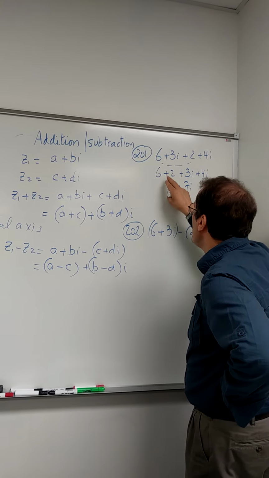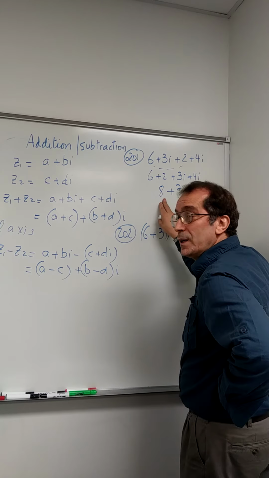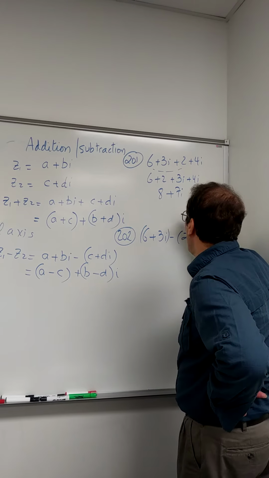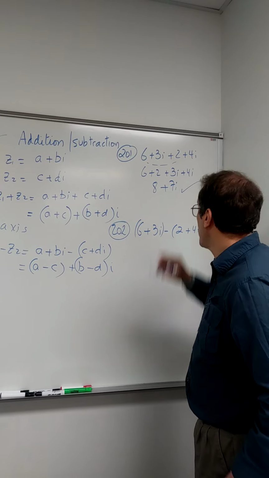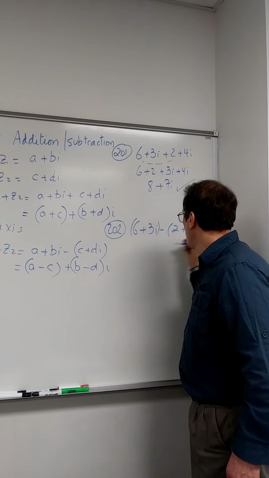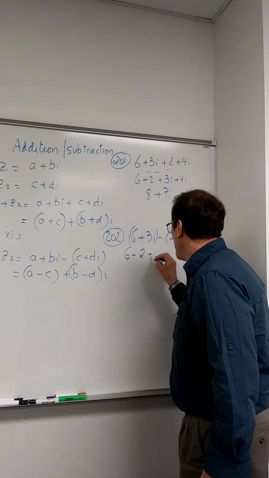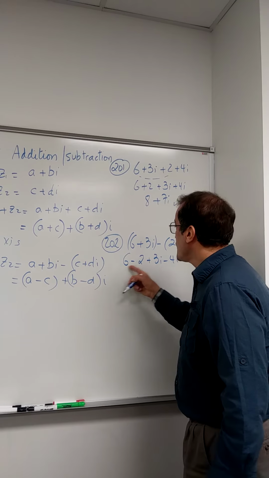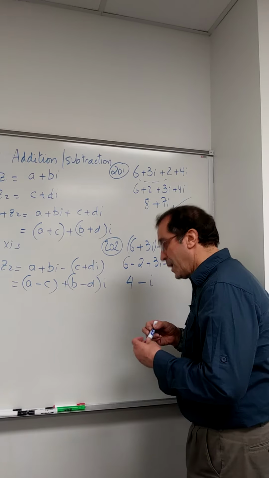We're going to add 6 plus 2 plus 3i plus 4i. 6 plus 2 gives us 8. 3i plus 4i gives us 7i. Done. And for subtraction, let's subtract the same complex numbers. 6 plus 3i minus (2 plus 4i). So it will be 6 minus 2 plus 3i minus 4i. 6 minus 2 is 4, 3i minus 4i is minus i.